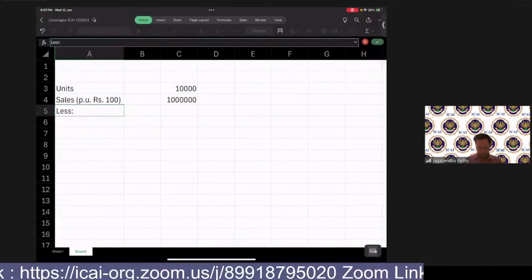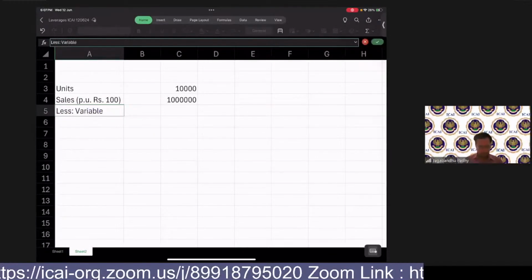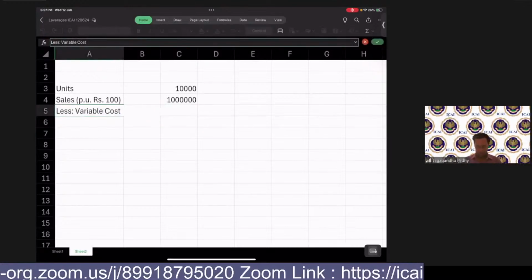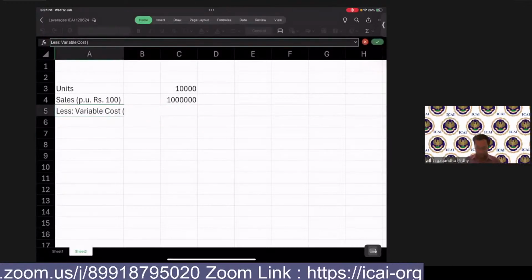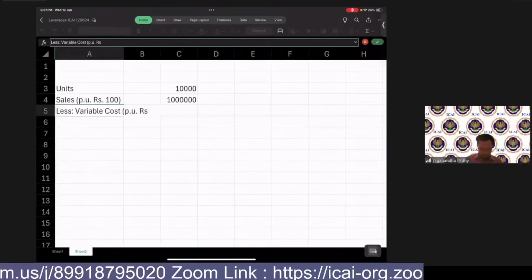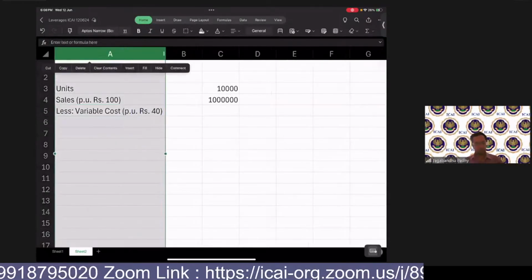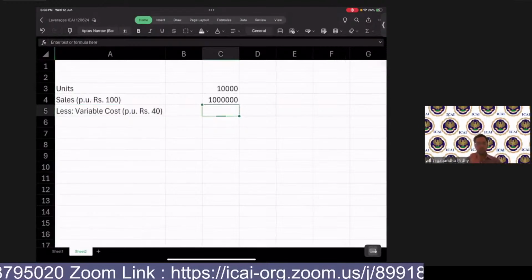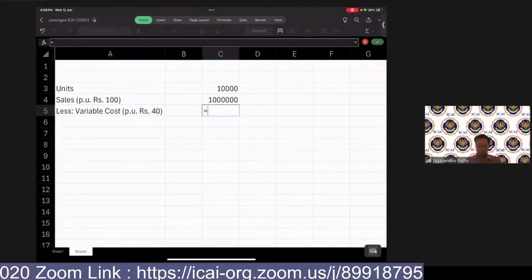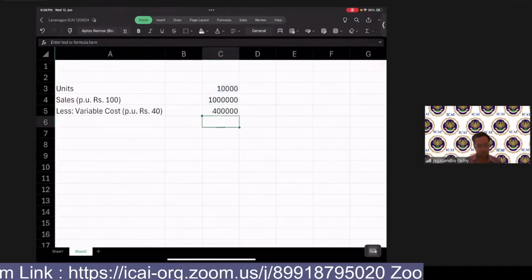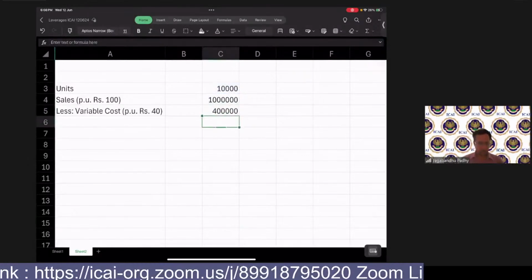From sales, we subtract variable cost, and let us say variable cost of the product that we are selling right now is, let's say, 40 per unit. It is 40 rupees. So it's multiplied by 40.